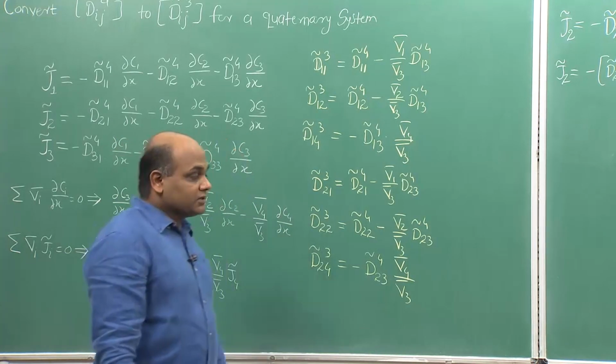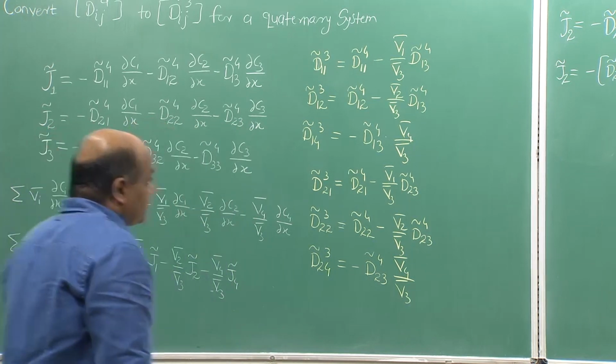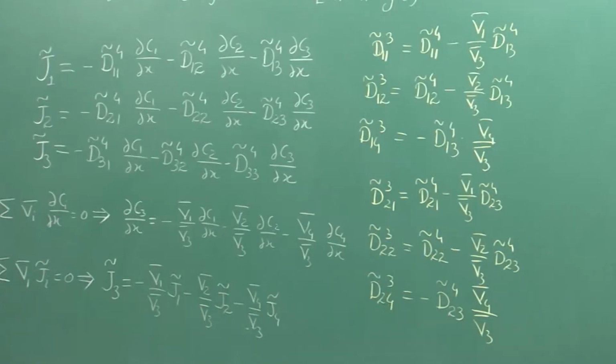So, these are the coefficients for component 2, and to obtain the coefficients for the flux of 4 will be a little more complicated, but essentially we do the similar thing.